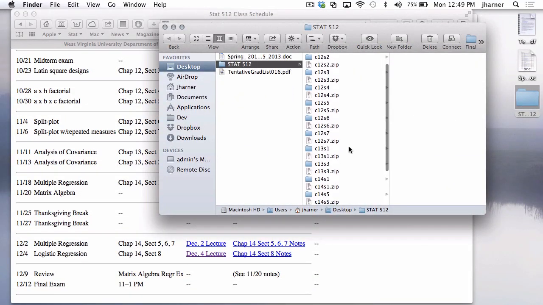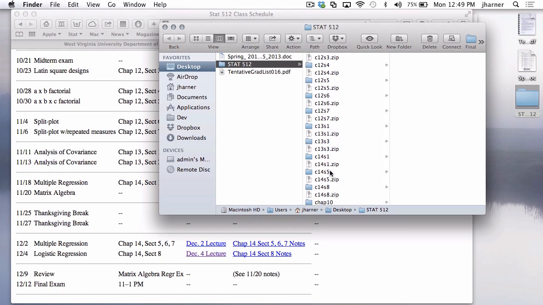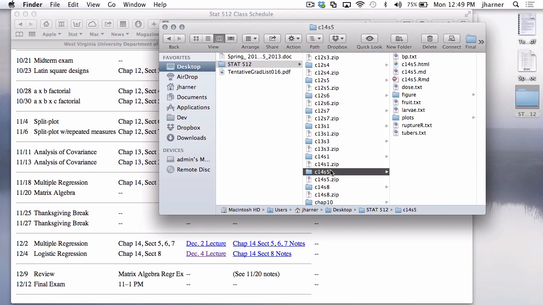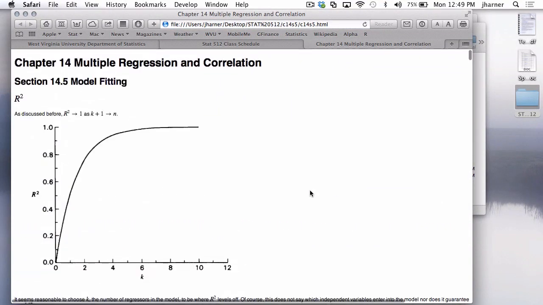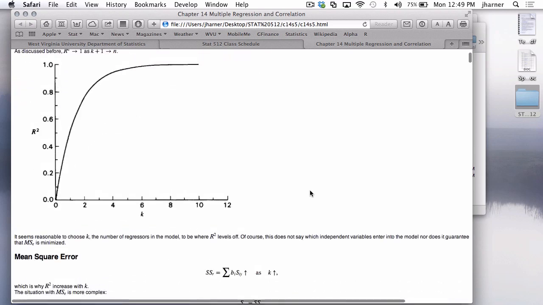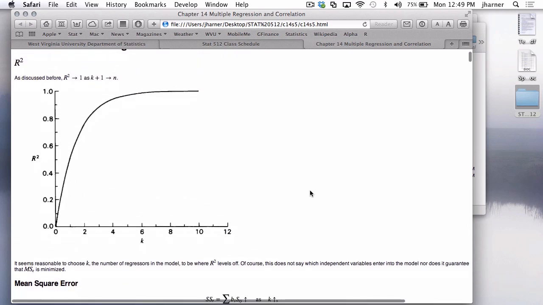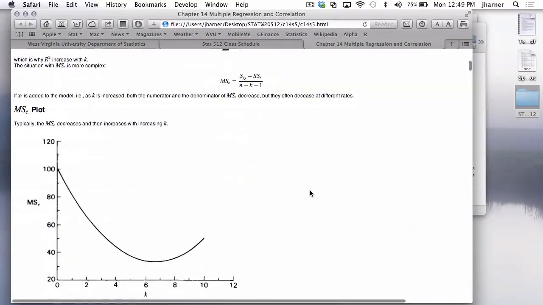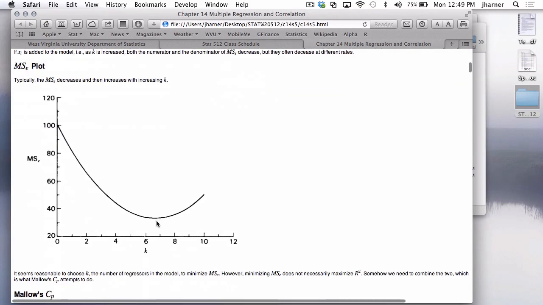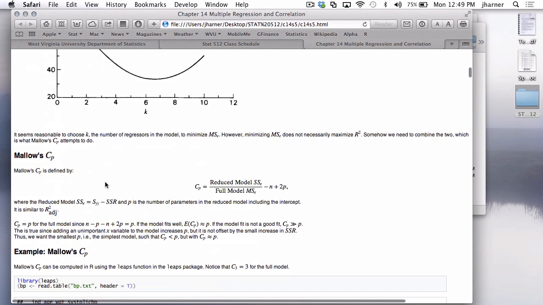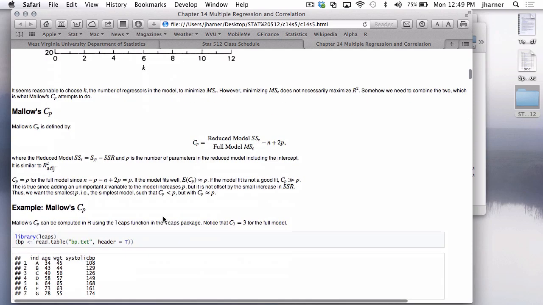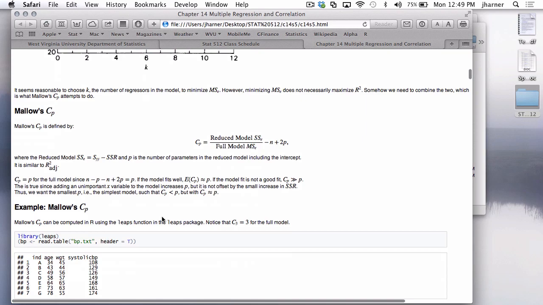And then we continued on in chapter 14, when we were looking at model fitting. And remember we said, well, R squared by itself isn't very good, and the mean square isn't bad. We can find the number of parameters that minimize the mean square. But better measures are the Cp, which takes into account both of these. It's somewhat like an adjusted R square.